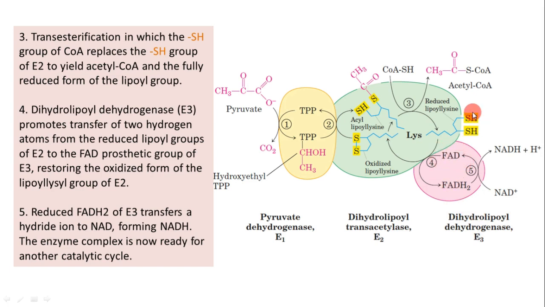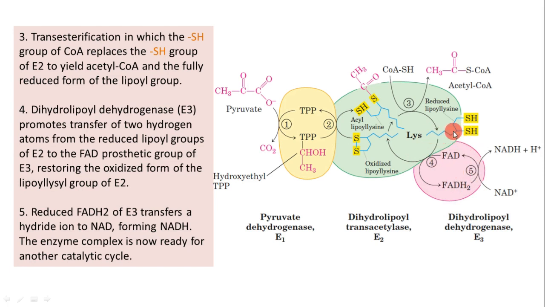This FAD will take up the 2 hydrogen atoms from the reduced lipomide. Thereby the hydrogen atoms from the SH groups are taken by the FAD, and FAD becomes reduced to FADH2. This reaction is catalyzed by dihydrolipoyl dehydrogenase, the third enzyme in the pyruvate dehydrogenase complex.